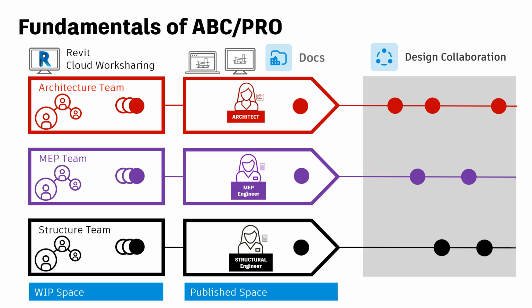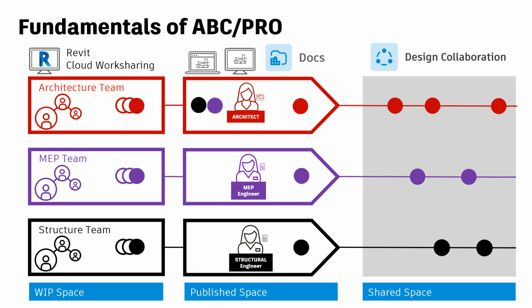The timeline will show you all the different models published, of course, as squares on the timeline, and when needed, these team leads, I will call them that way, the architect, the MEP engineer, and the structural engineer, will decide to share packages, the round dots on the timeline, with the other teams. So the next step will be, of course, to accept or consume packages from the other teams.